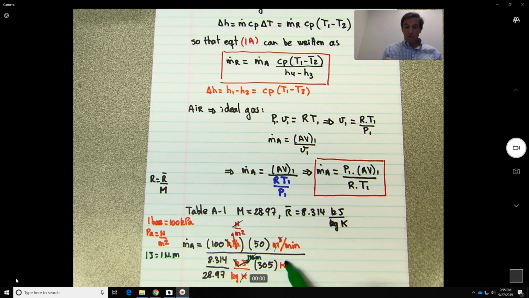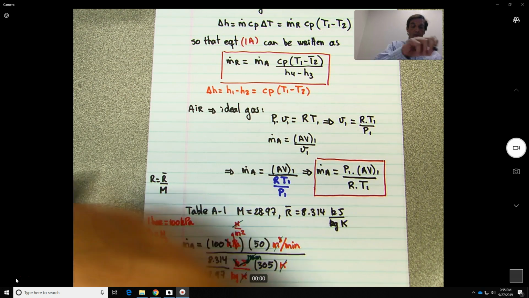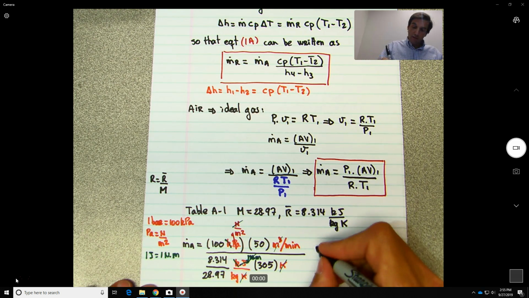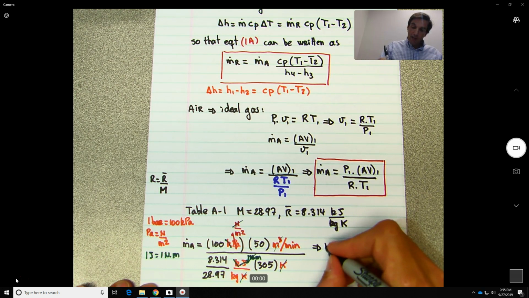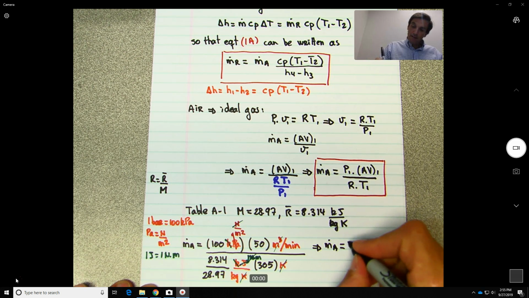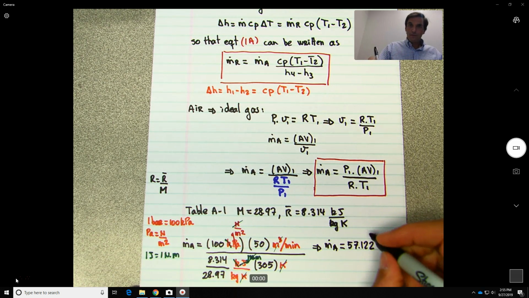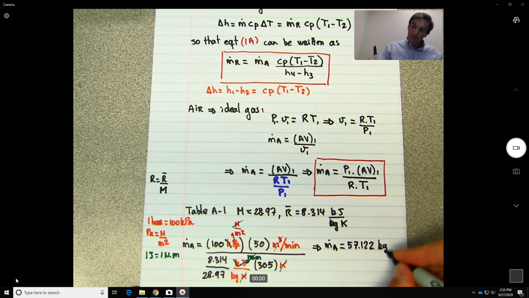Kelvin will cancel with this one. So we are left over with kilograms per minute. This gives us that m sub a is equal to 57.122 kilograms per minute.